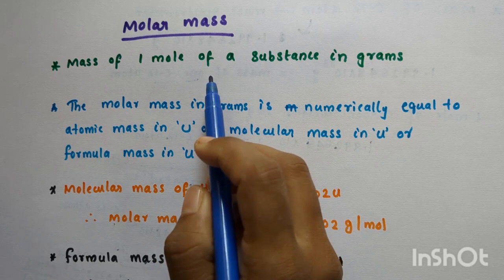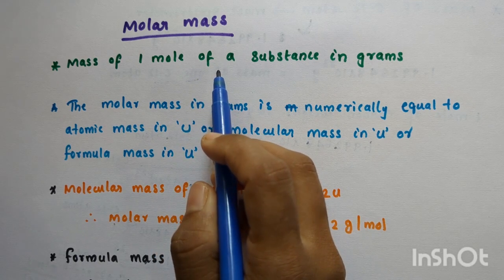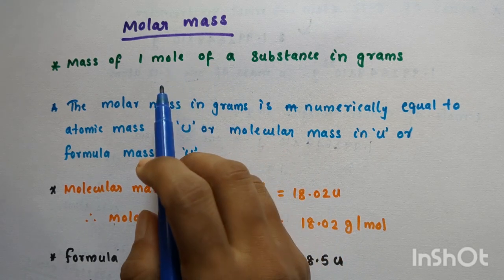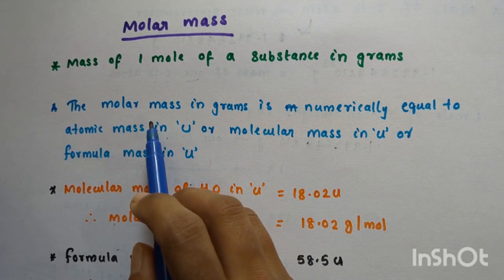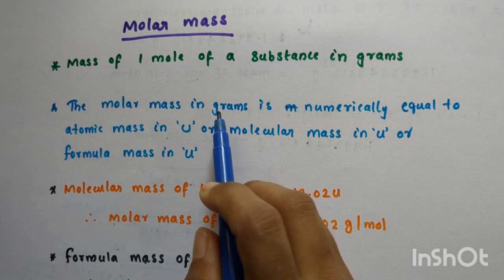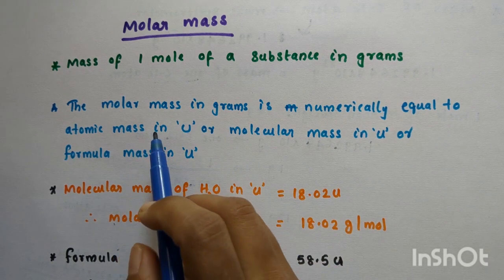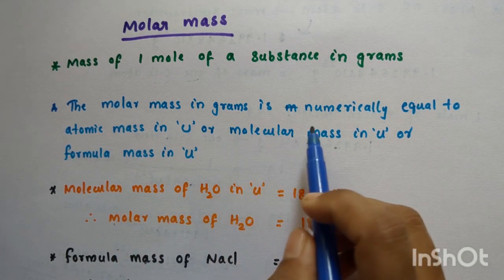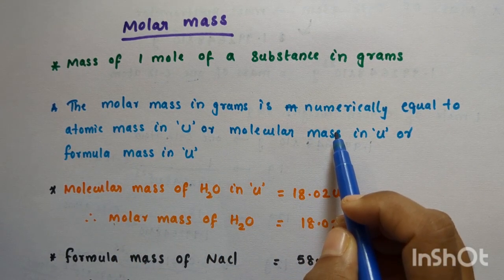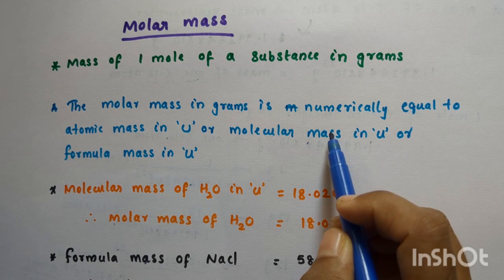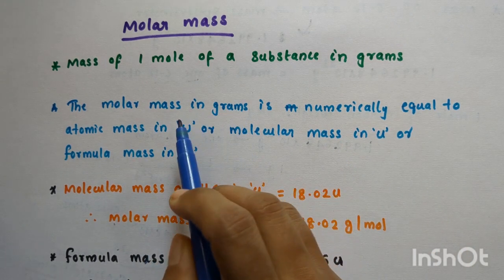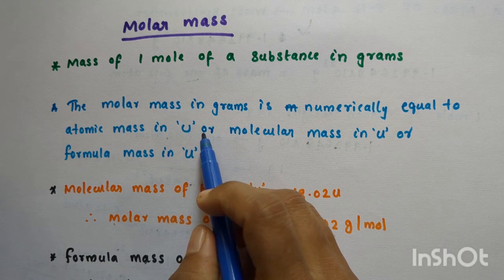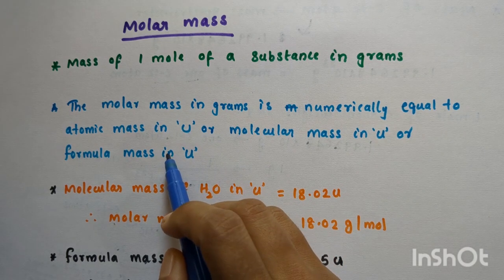The mass of this many atoms or molecules is called molar mass. The molar mass in grams is numerically equal to the atomic mass in u or molecular mass in u or formula mass in u. Here u means unified mass, which we have already discussed.